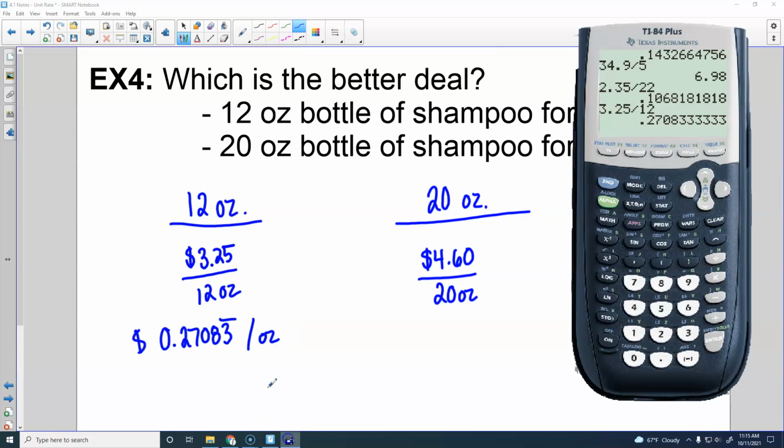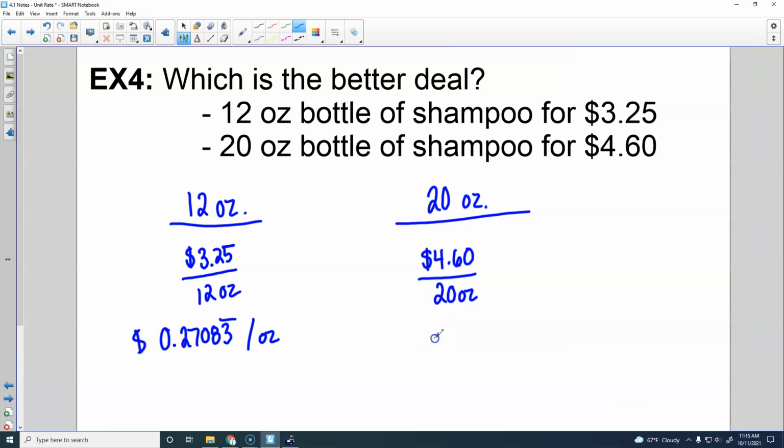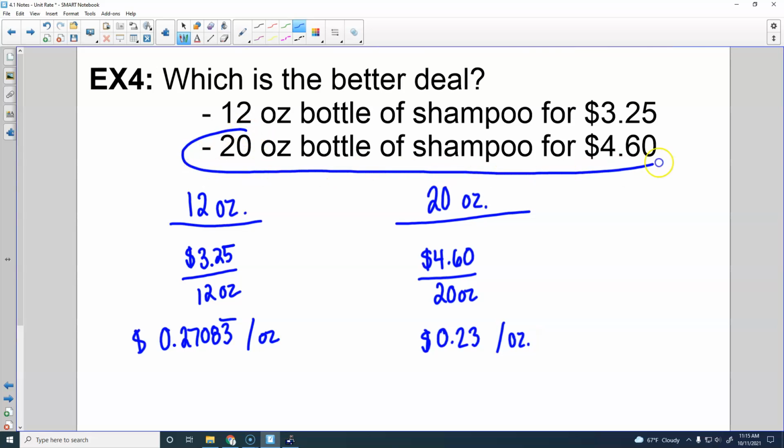And then, so I get 0.23. And that's dollars per ounce. So 23 cents per ounce. Which one is my better buy? The 20-ounce bottle of shampoo. All right. So in this case, and it usually is cheaper to buy the bigger bottle because you're buying in bulk, right? So it's usually cheaper for that to happen.